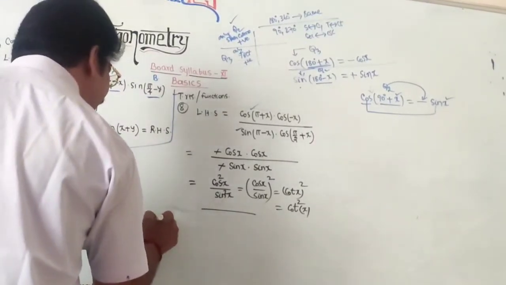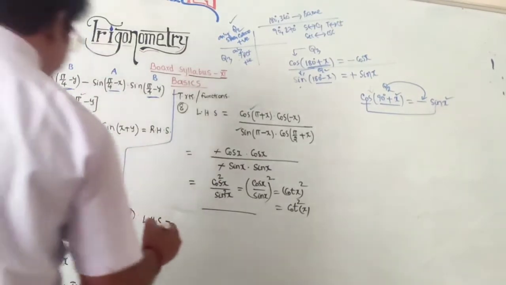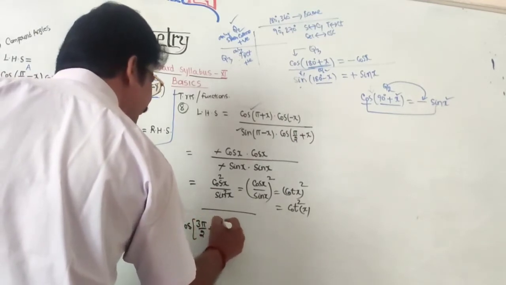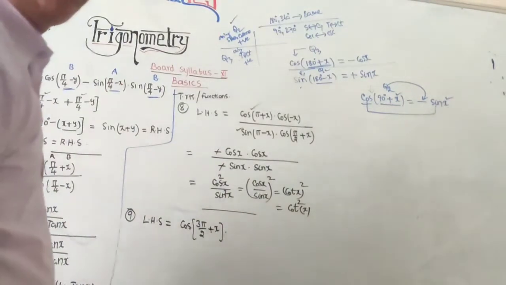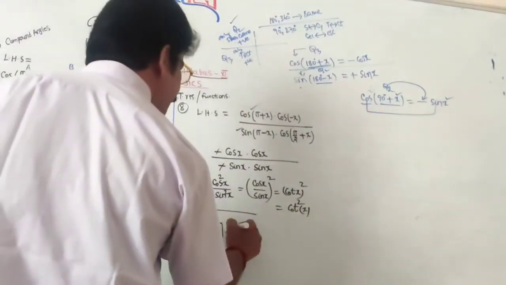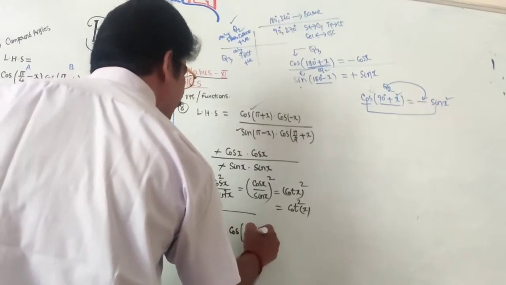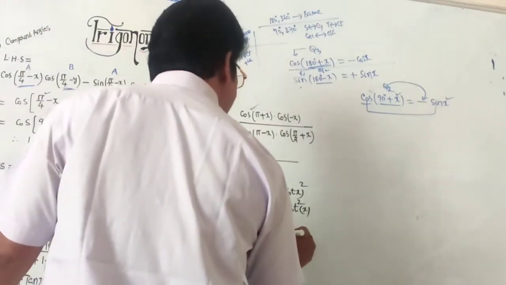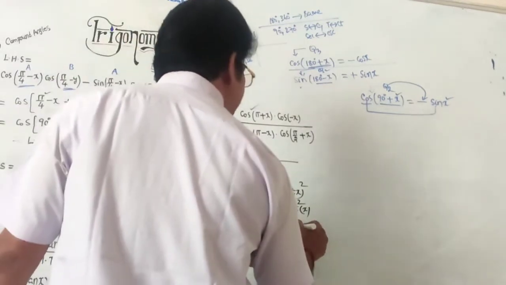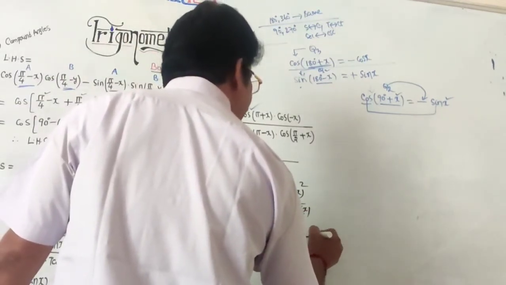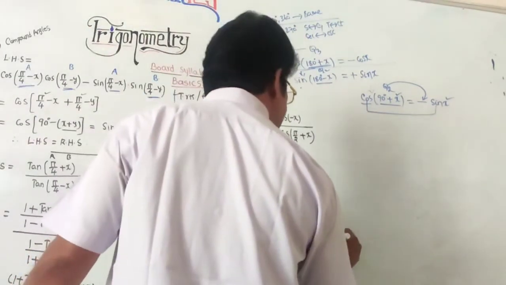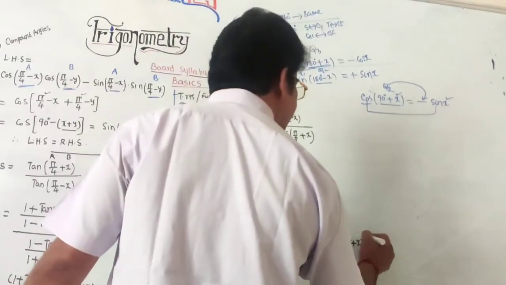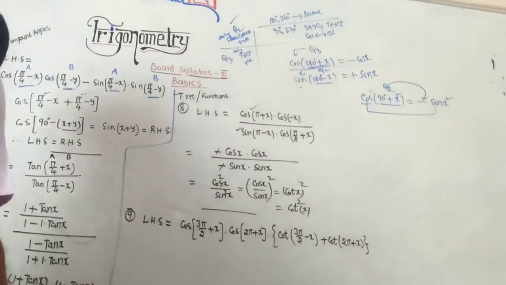Left hand side: LHS is equal to cos of 3 pi by 2 plus x, where 3 pi by 2 means 270, into cos of 2 pi plus x, into cot of 3 pi by 2 minus x plus cot of 2 pi plus x. This is the left hand side.